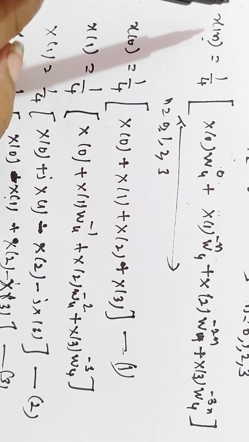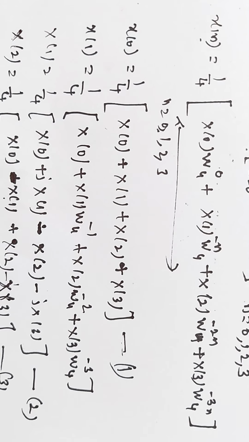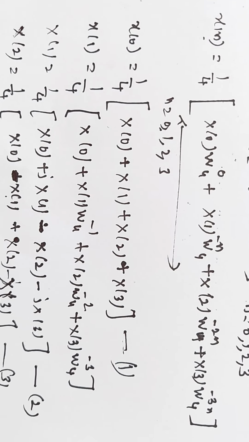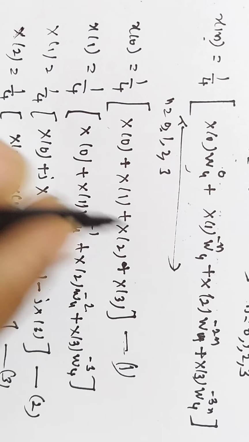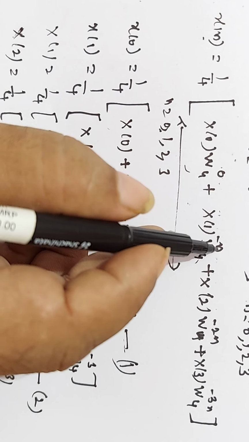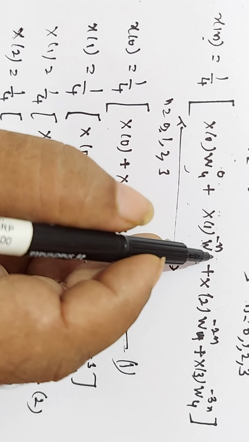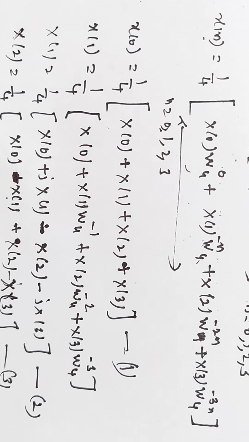When n equals 3, x of 3 is equal to 1 by 4, X of 0, W4^0 is 1, plus X of 1, W4^(-3). W4^(-3) is nothing but plus j. Therefore, it is j X of 1.